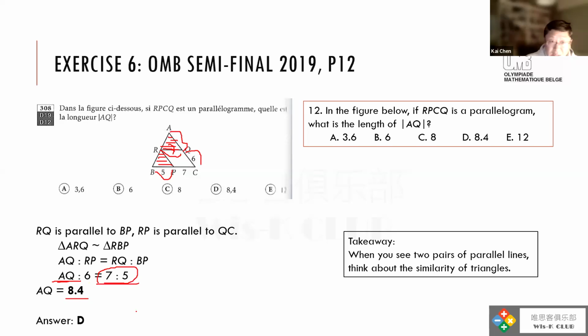So that is the same as one of our homeworks. If you have time to check, you can also check from the similar triangles. There we have the very same, or very similar, questions. So this is also from OMB semifinals.